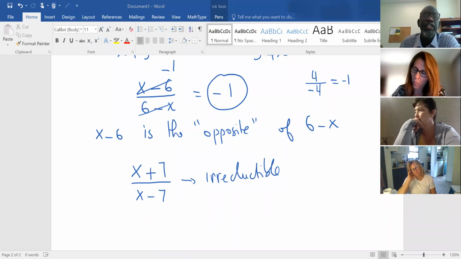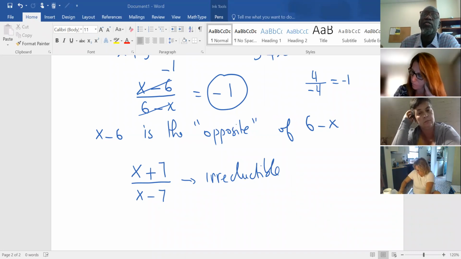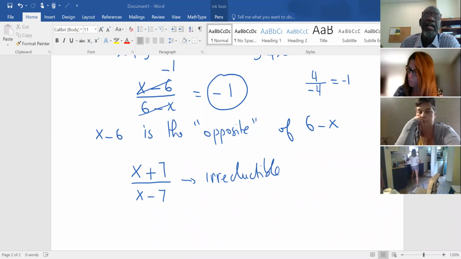So basically, if you want to simplify, you have to factor. This gave us a review of how to factor.